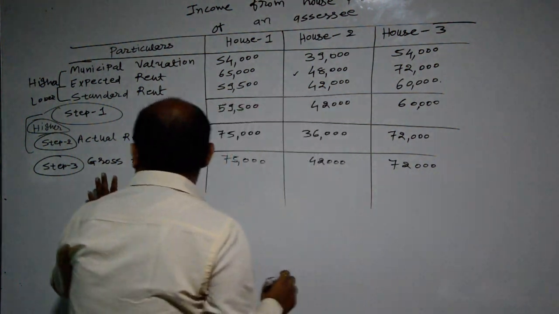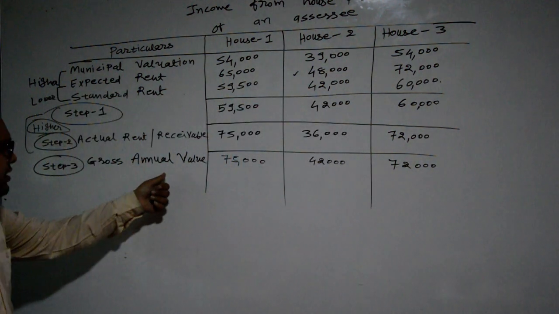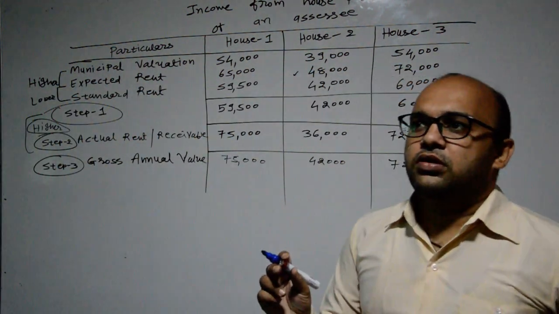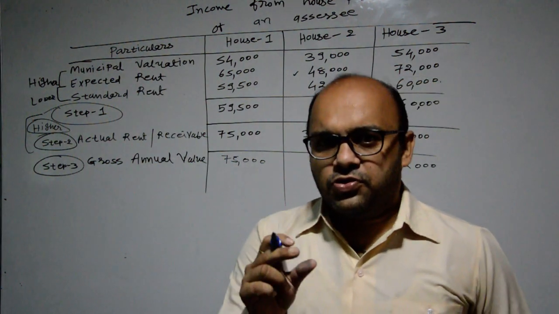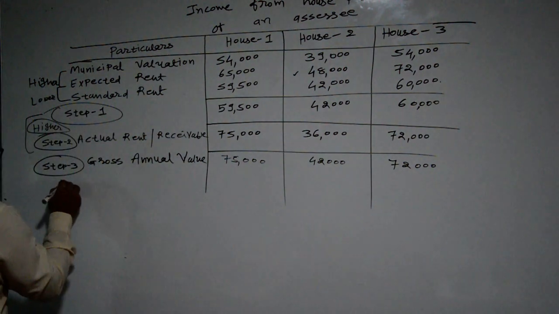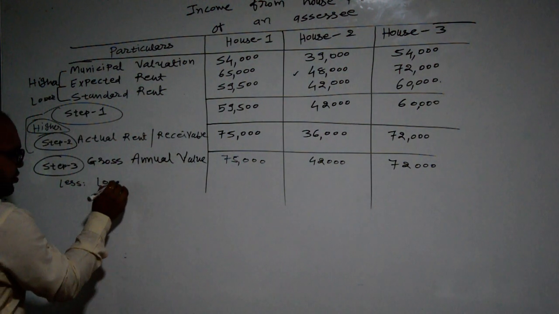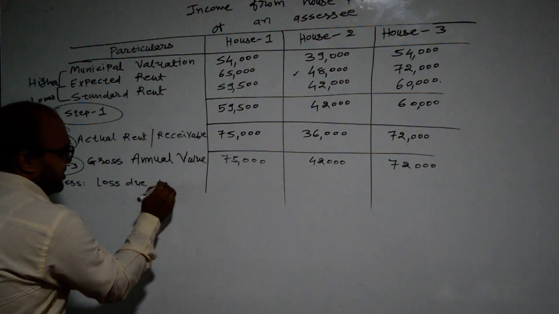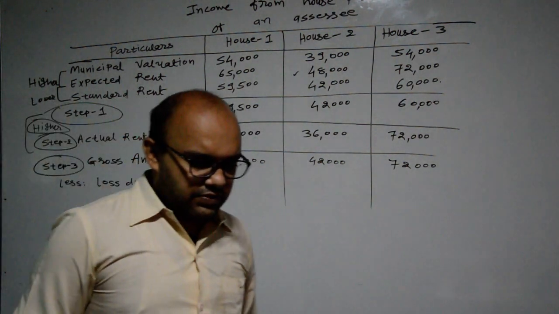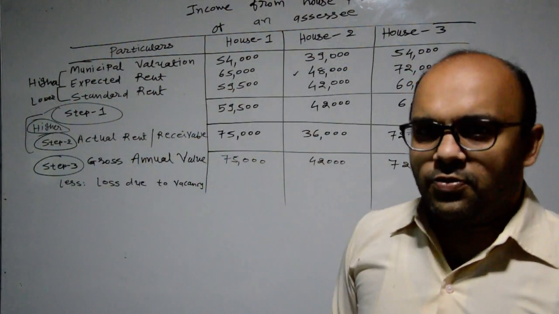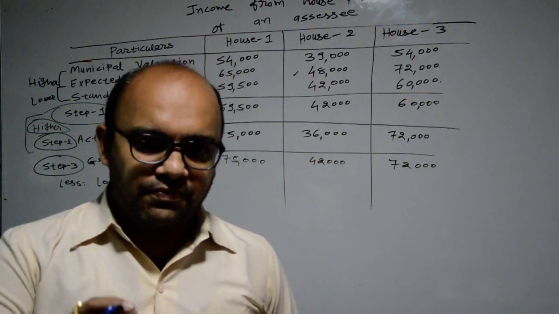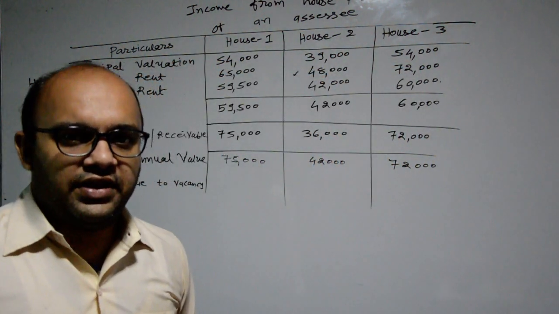So in step number 3 we have calculated our gross annual value, but in this sum extra information about loss due to vacancy is provided. Loss due to vacancy means many times the owner is ready to give the property on rent, but no one is there and the property remains vacant.